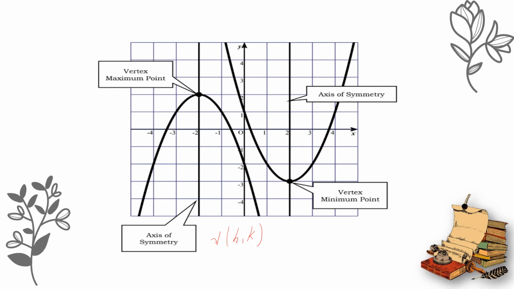So, the line x equal to h, that is what we call the axis of symmetry. So, ito po, kung ano po yung makukuha ninyong h, yun po ang axis of symmetry po natin. And the k is the minimum. Yung sa k naman po, ito po ay malalaman nyo kung yan ay minimum or kung yan ay maximum value of the function.